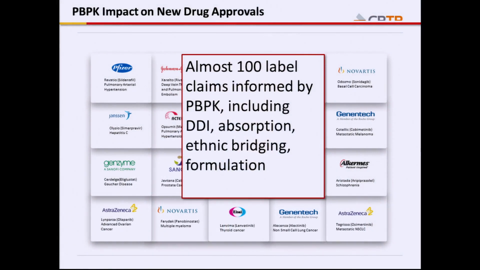And this includes 10 fast-track breakthrough priority approvals across a wide range of different therapeutic areas. And now, if you look through all of the data, there are more than 100 different claims that have been informed by physiologically based pharmacokinetic modeling. So in terms of regulatory acceptance, particularly on the drug-drug interaction side, this is really moving forward quite quickly.